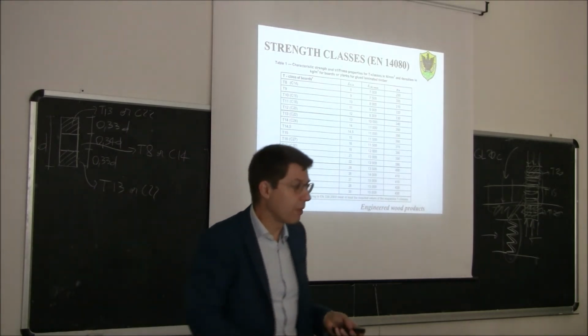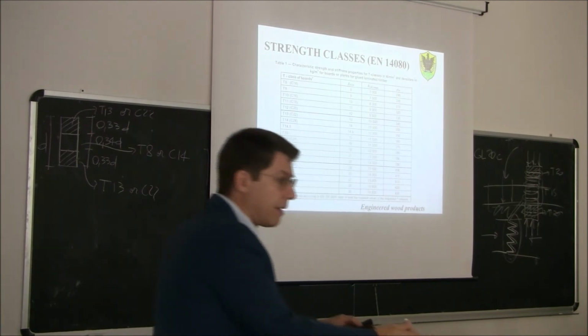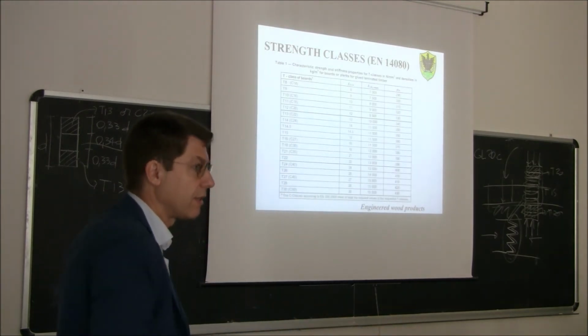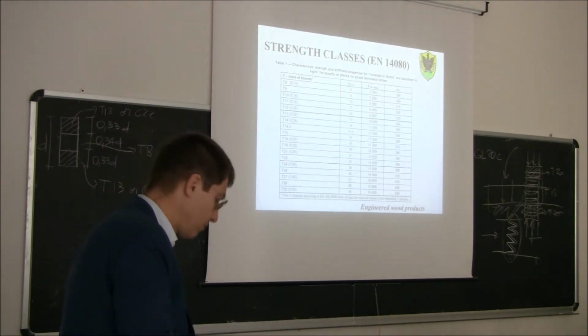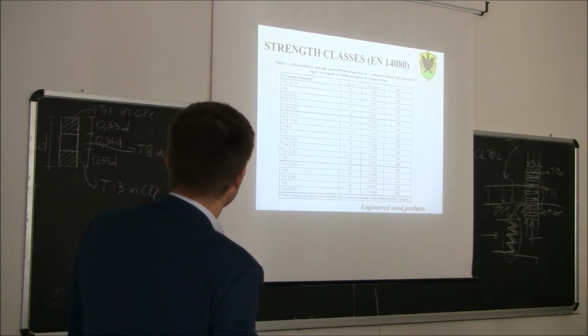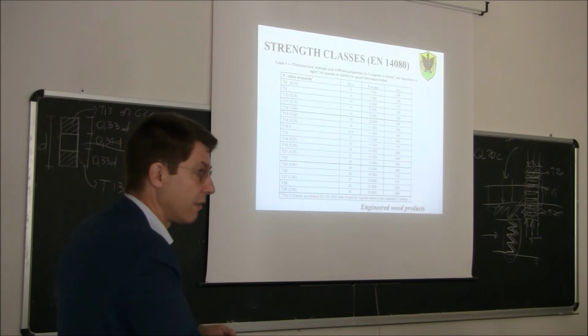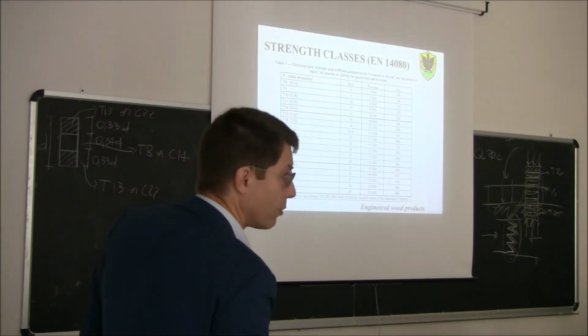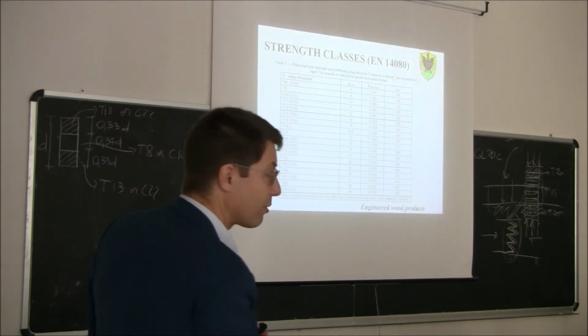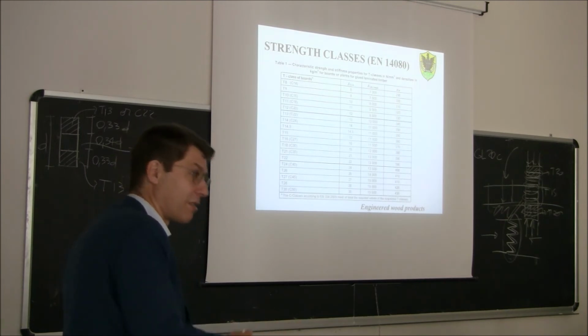So the producer could buy either timber planks that have been classified in tension, so they are classified T13, or they have been classified in bending, but C22. This doesn't mean that the C22 is better than the T13.